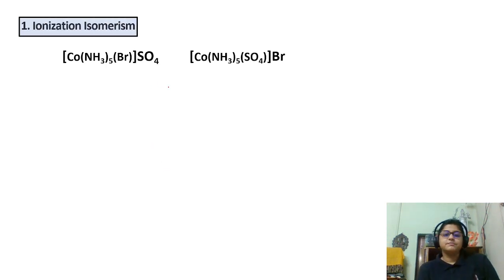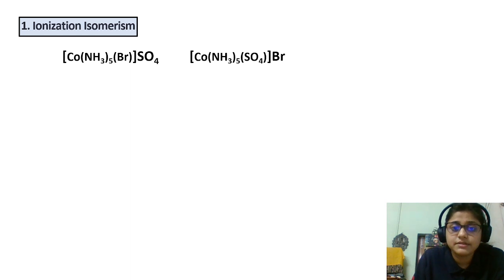Ionization isomerism. You don't have to remember anything in this structural isomerism topic except the examples. There is no need for any description. You only have to remember some examples so that you have an idea about what ionization isomerism is.